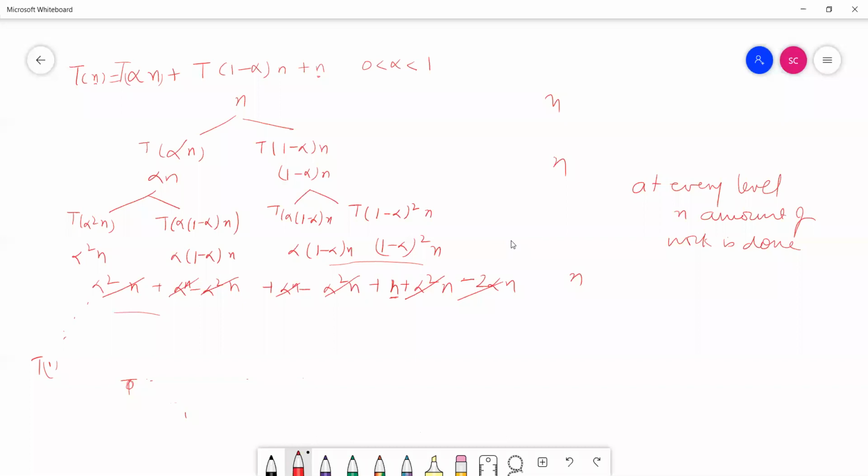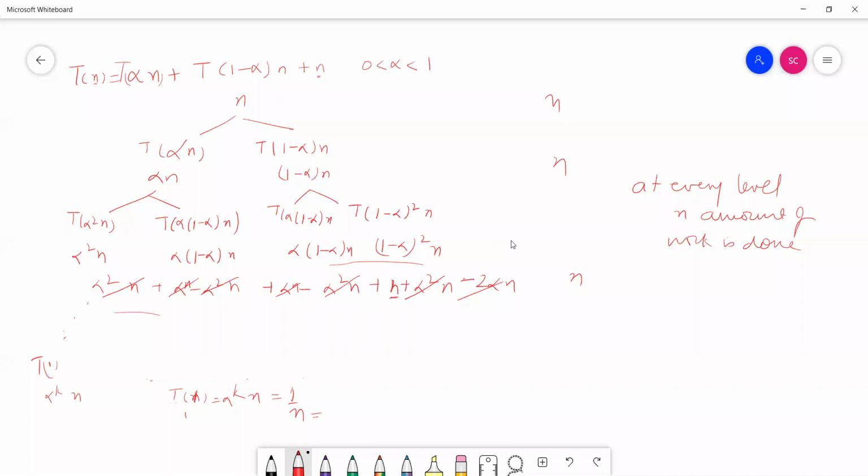The depth is, here we'll get alpha k n, and here again we'll get alpha minus alpha square n. So T(n) is equal to T(1), which is alpha to the power k times n, and this will be equal to 1.